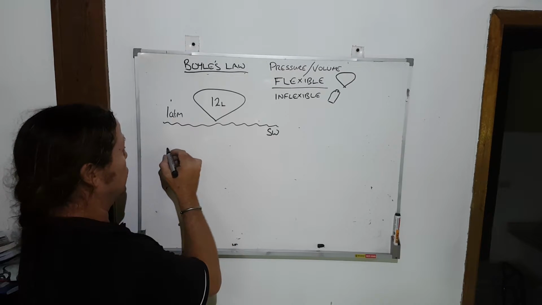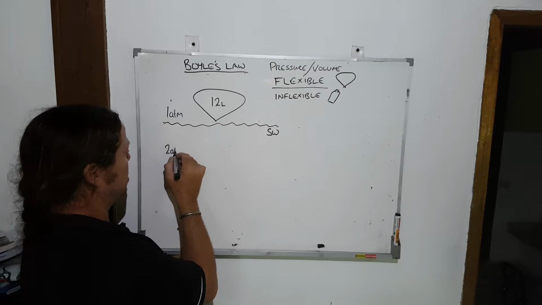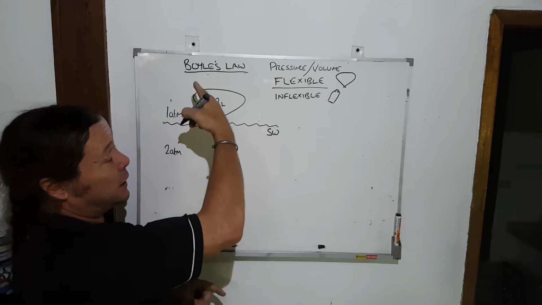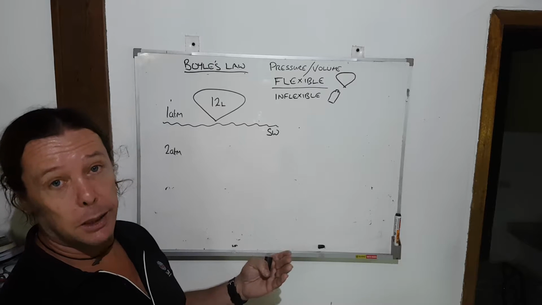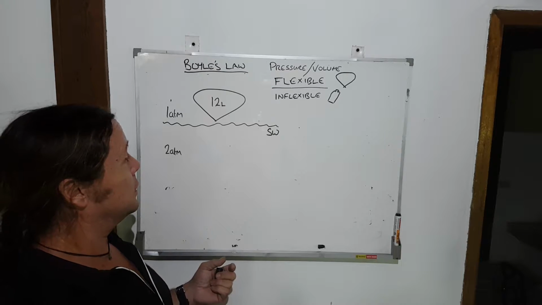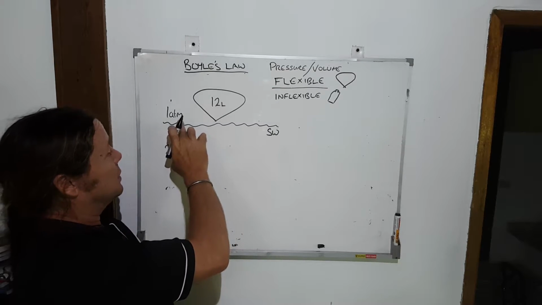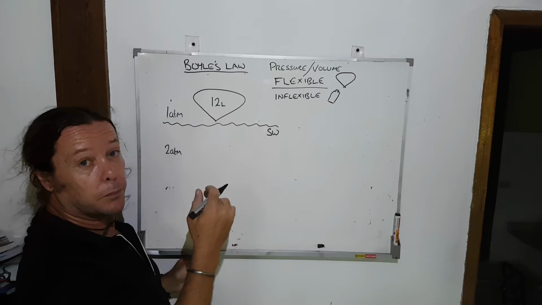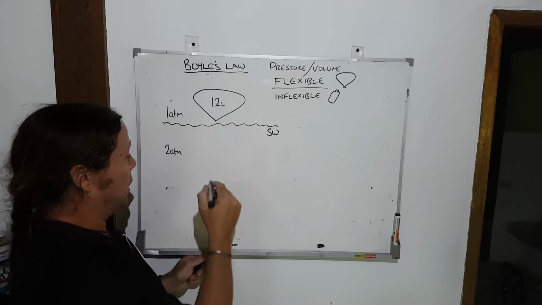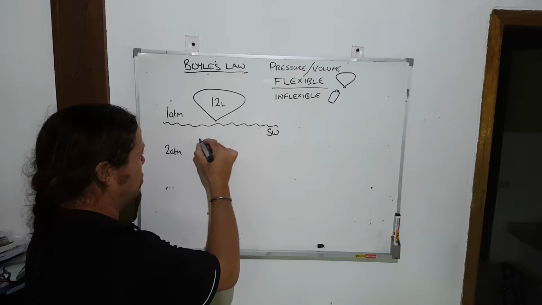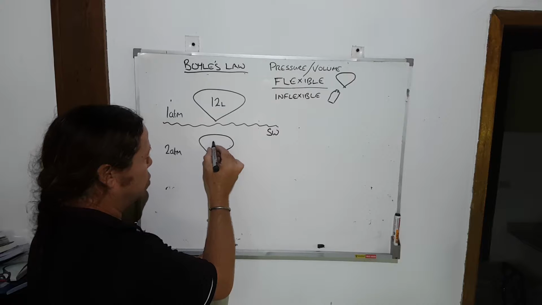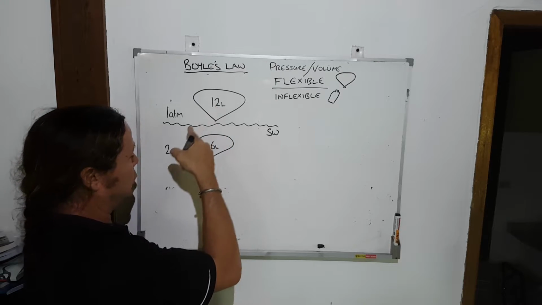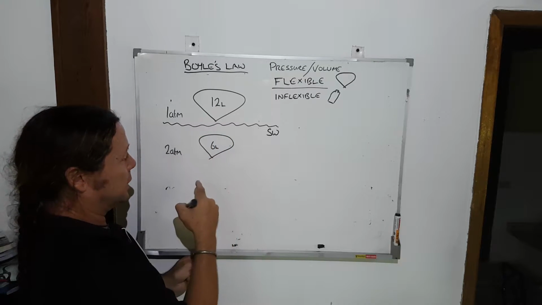If I take it down to 2 atmospheres, what Boyle said, he said pressure times volume is constant. So 1 times 12 equals 2 times the new volume. Don't worry too much about that, just worry about the fact that it's got half the size. So now the balloon has gone down to 2 atmospheres, it's 6 litres big.